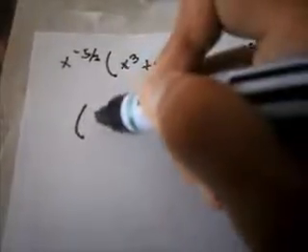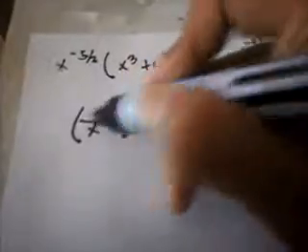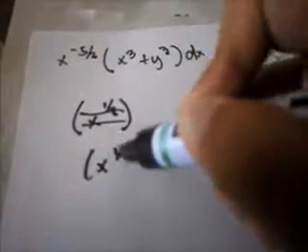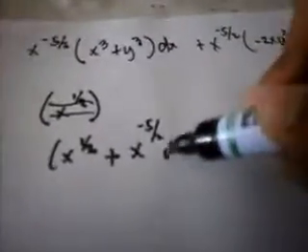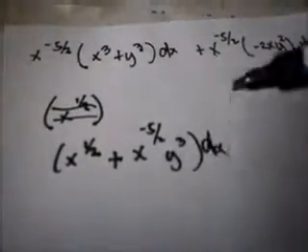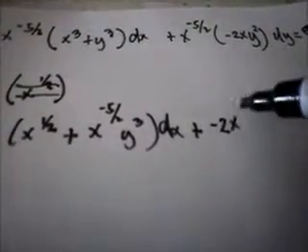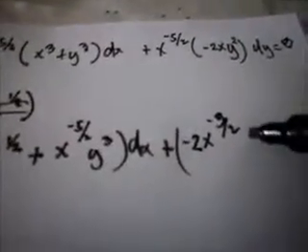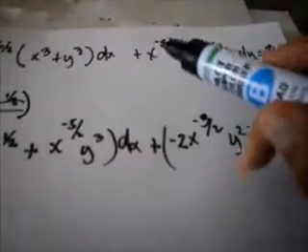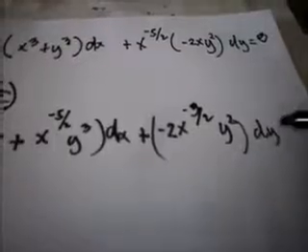So we have (x to the 1/2 plus x to the negative 5 halves y cubed) dx, plus negative 2x to the negative 3 halves y squared dy is equal to 0.